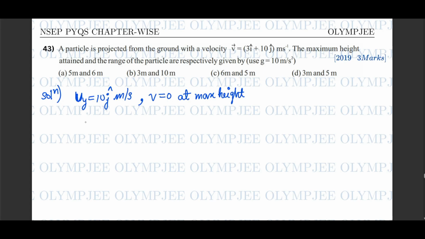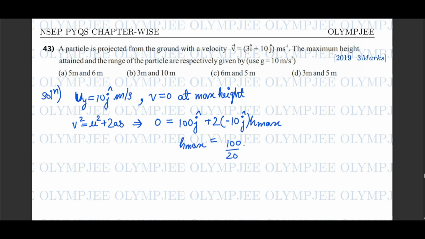So we use v square is equal to u square plus 2as, which gives us 0 is equal to 100 j cap plus 2 into minus 10 j cap into h max. So h max comes out as 100 by 20, which is 5 meter. So option A is correct because only this has the maximum height of 5 meter.